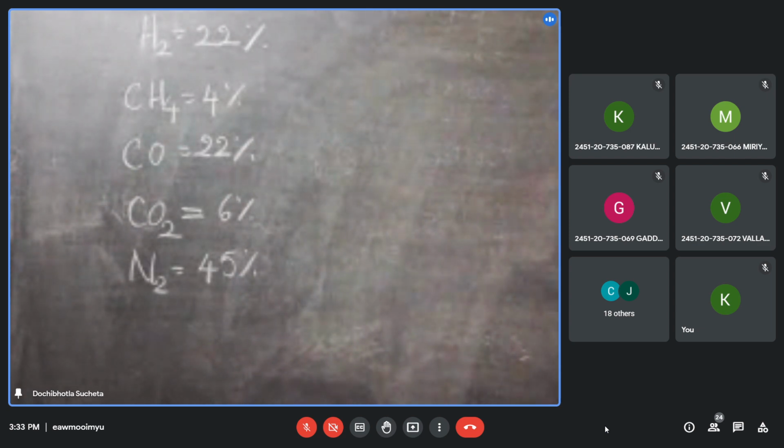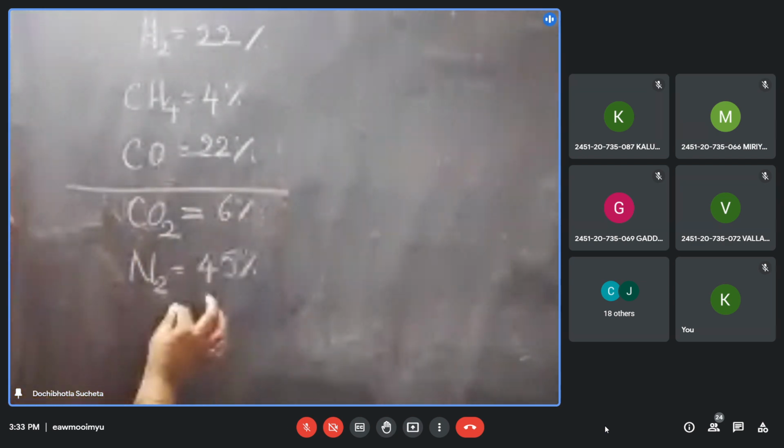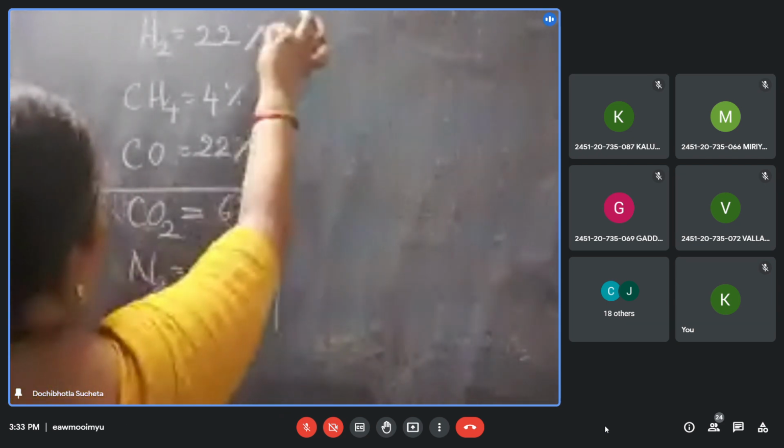For this numerical also, you need not consider the oxidation of carbon dioxide and nitrogen. Leave it. Now do the calculations for this.